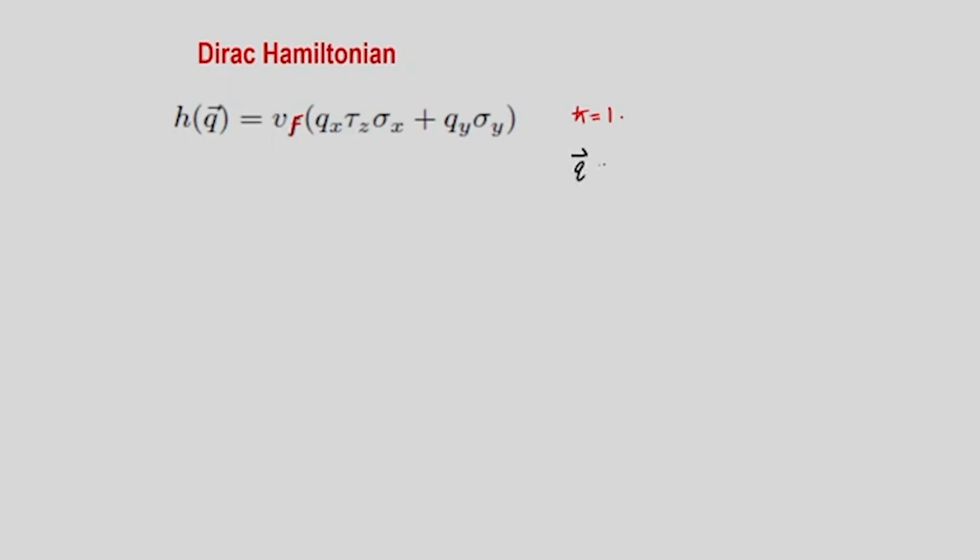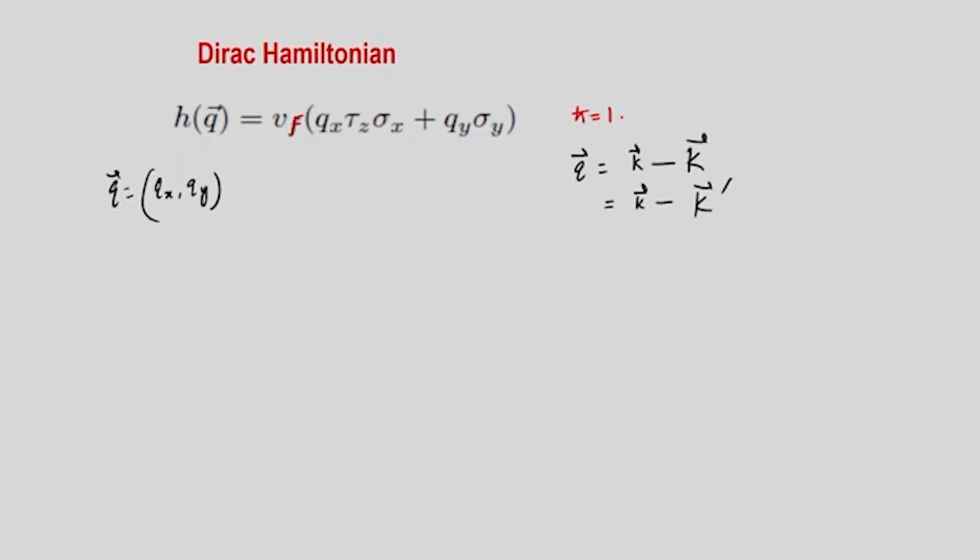So, q is equal to k minus K or k minus K prime. So, you expand the wave vectors in the vicinity of the Dirac points, which are the K and K prime points, and write the small wave vector as q, which is written in terms of qx and qy. So, this q is nothing but qx, qy, and vF is the Fermi velocity.